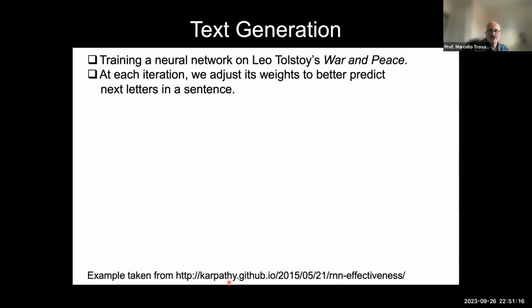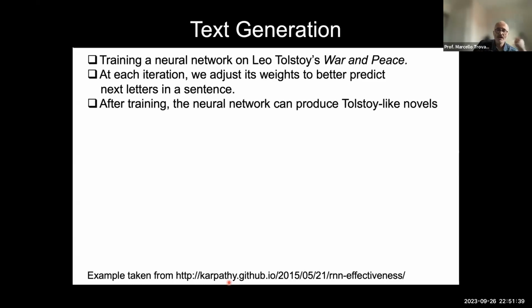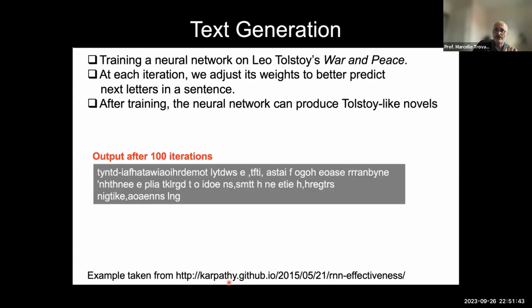Each iteration will adjust the weights, remember, the connections between every single neuron, to better predict the next letter in a sentence. Remember, the computer doesn't know anything at all. It doesn't know what or who Leo Tolstoy was, what War and Peace is, etc. And so after training, the neural network can produce Tolstoy-like novels.